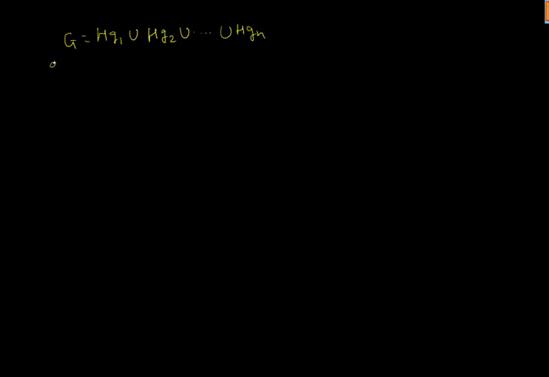Now I will take the order of the left side. The order of G is equal to the cardinality of the first coset plus the cardinality of the second coset plus, up to, the cardinality of the last coset. And we know that the order of G is equal to n. The order of each right coset is m.